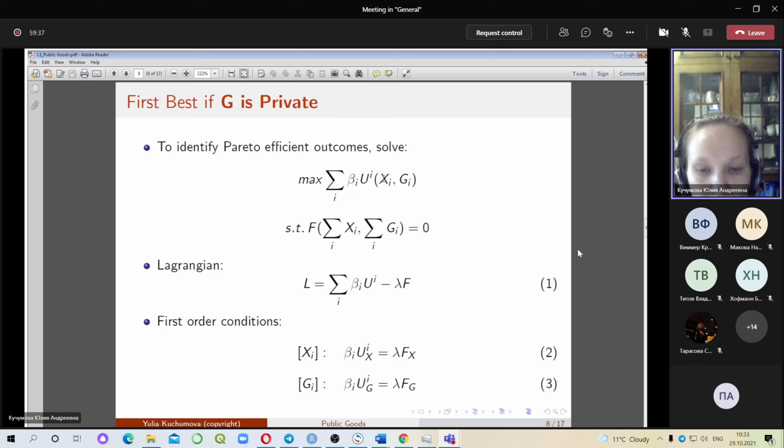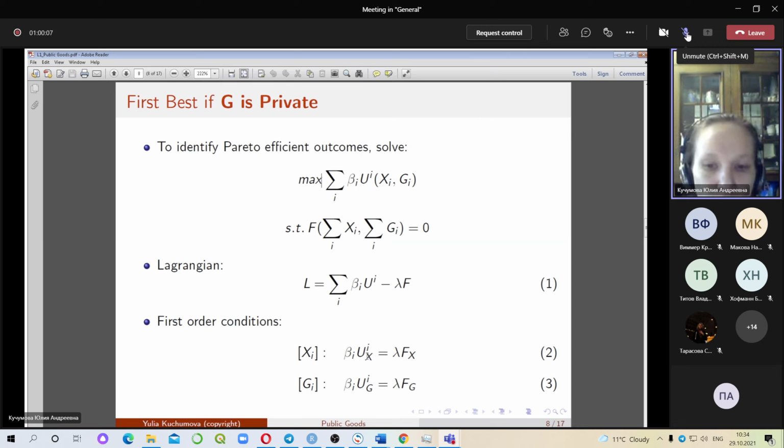Think about if it were x1: then only the utility of the first consumer, u1, depends on x1. Therefore, we have beta i multiplied by the derivative of ui with respect to xi.